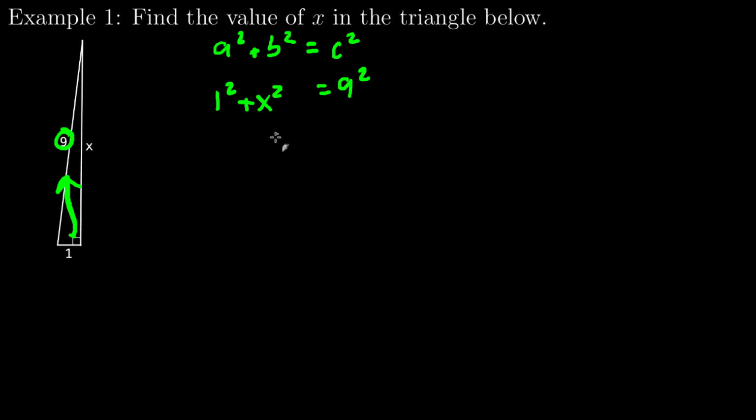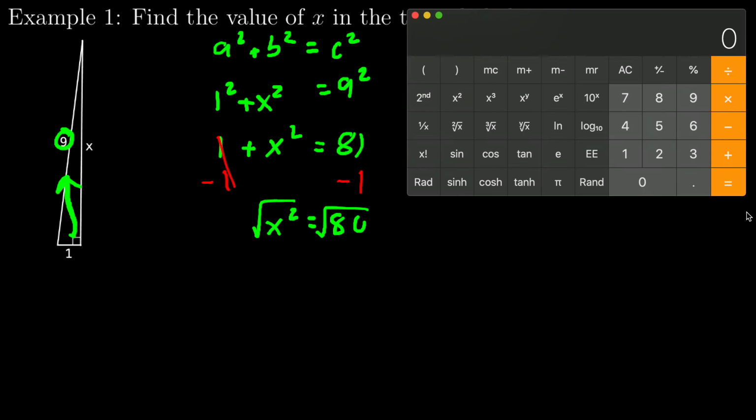These numbers are small enough, I won't really need to go to the calculator, so 1 squared is 1. I have x squared here, 9 squared is 81. I'm going to subtract 1 from both sides, so 81 minus 1 gives me 80, so I have x squared equals 80. And then to get rid of the squared, I take the square root, and I always will go and check to see if this is a nice square root.